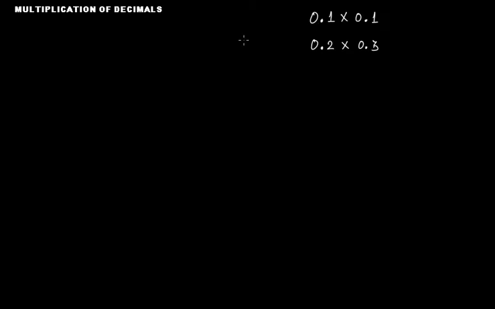Well, let's take the first one. This video tutorial is about the theoretical portion, that is, why we do what we do. So let's take 0.1 multiplied by 0.1. Now we know that 0.1 is a decimal point and 1.